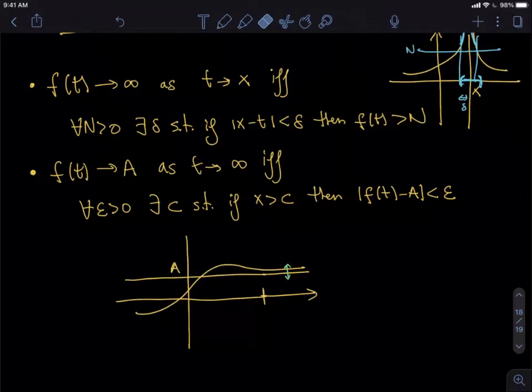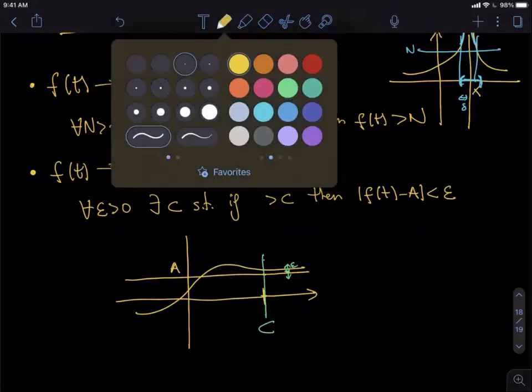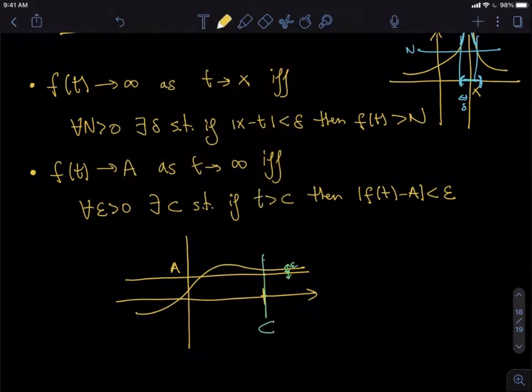Well, let's do it the proper way. So here we have our epsilon from a. And what we are saying is that there exists some number c such that whenever t is beyond that number c, actually here I meant t, whenever that happens, we know for sure that the distance between f of t and a is less than epsilon in absolute value.